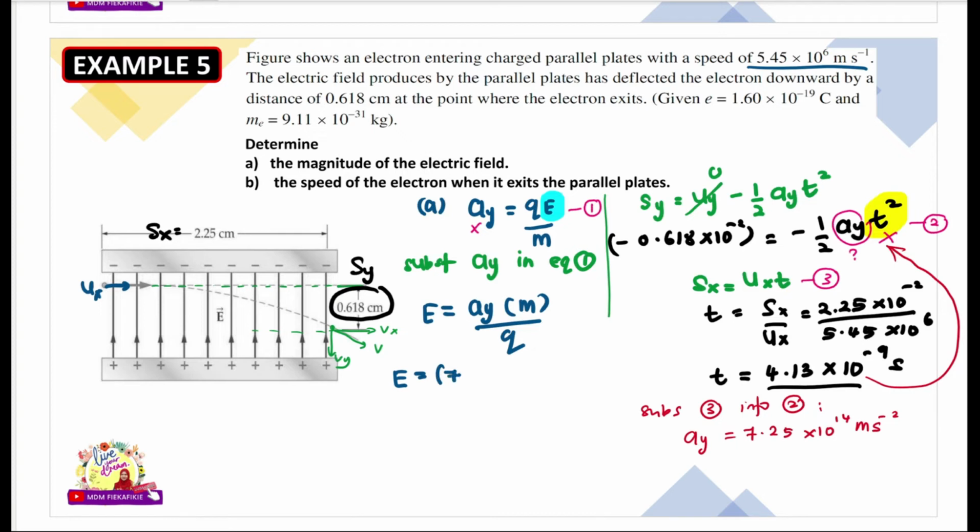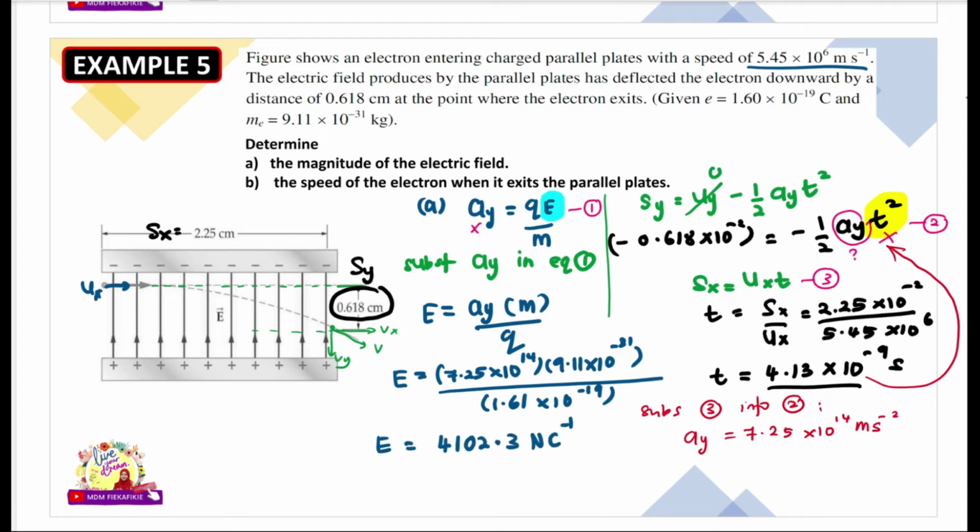So E, AY adalah 7.25 exponent 14 and the mass of the electron, over the charge 1.61 times 10 power of negative 19. Okay, 4102.3 Newton per Coulomb. Okay, so ini jawapan untuk A.